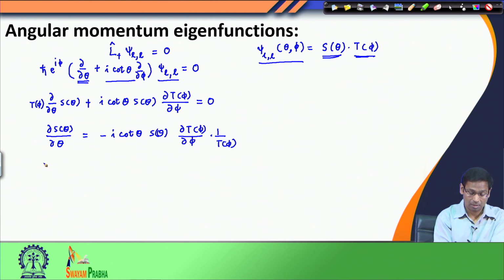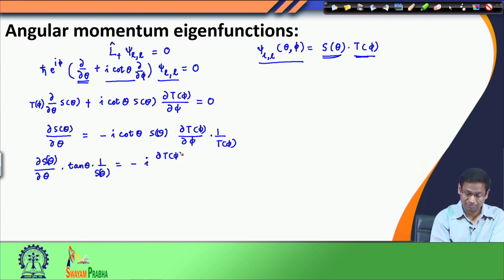Now, I would bring this theta related term to the left hand side. So, cot theta when it comes to the left hand side, I have tan theta 1 over s of theta equals minus i dt phi d phi 1 over t of phi.